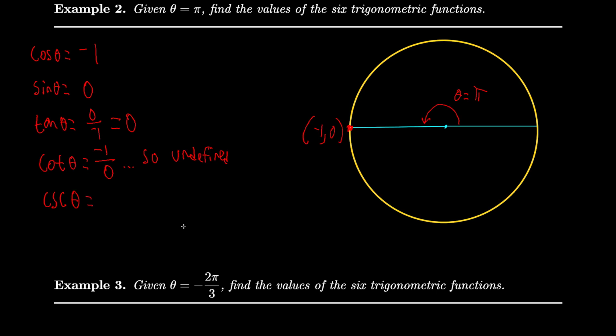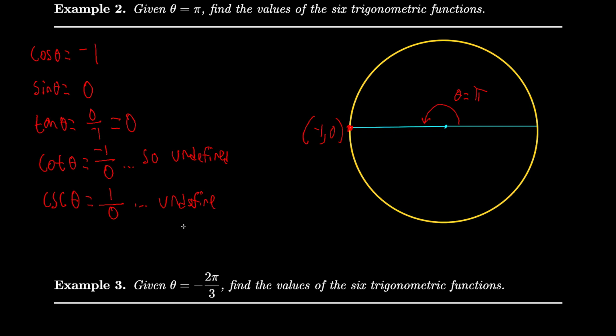Similarly, with cosecant of theta, which, if you look back in your notes again, is just 1 over sine, or 1 over y, you'll get, in this case, 1, that's from the definition, over 0, because that's what this is. That's also undefined.